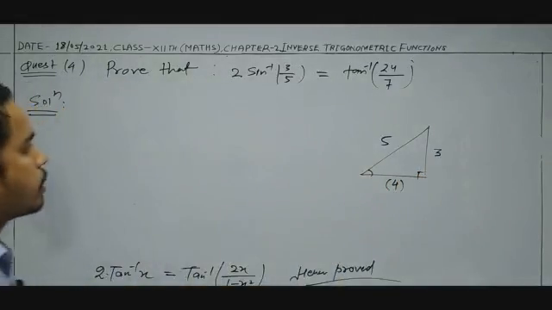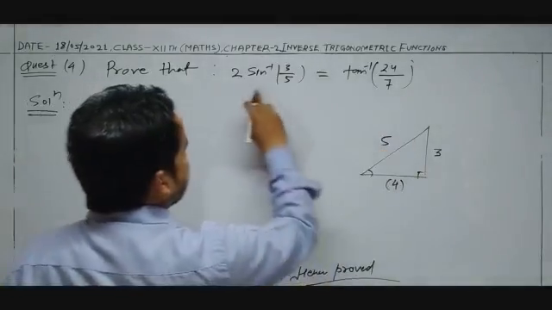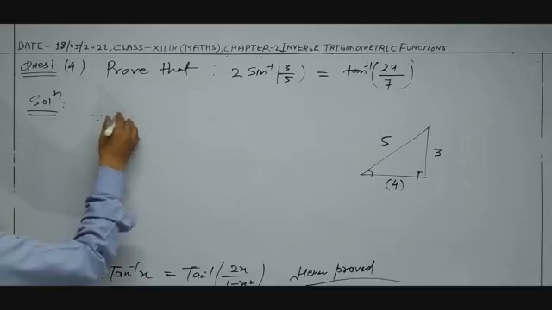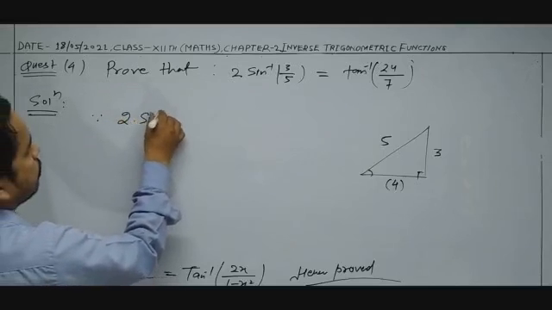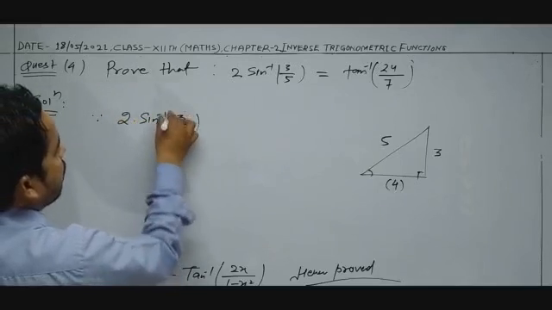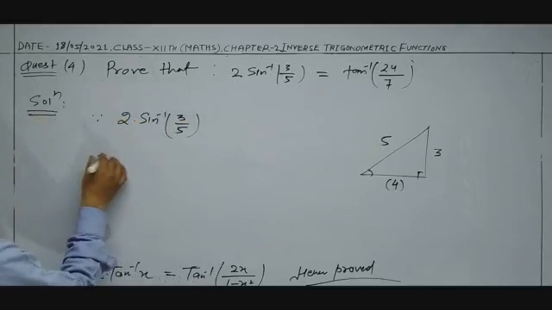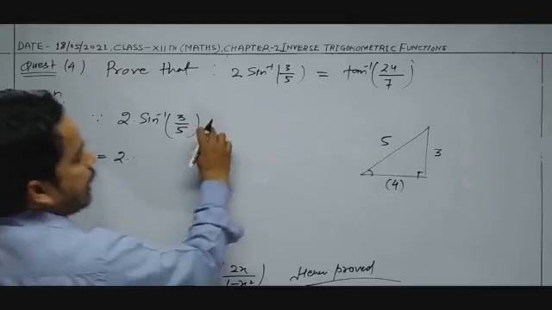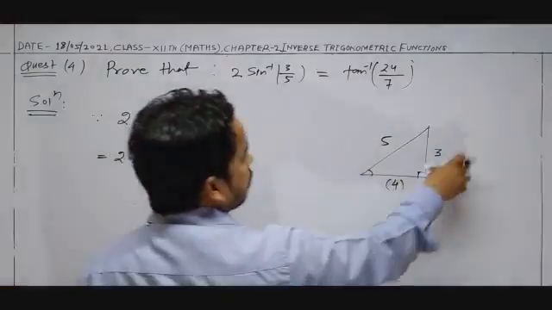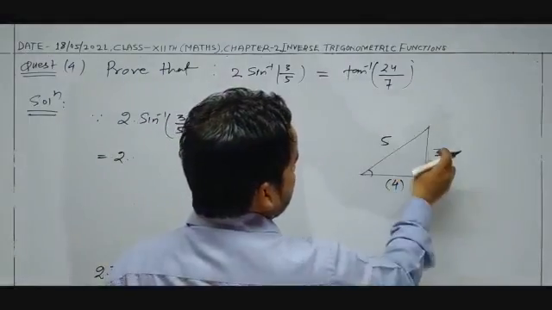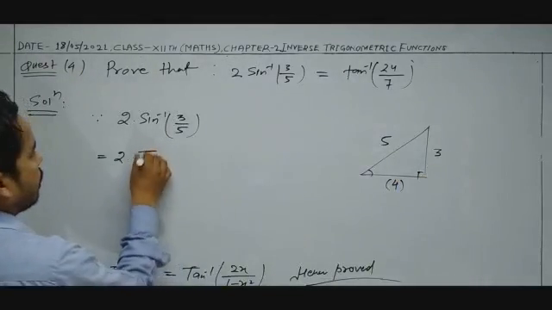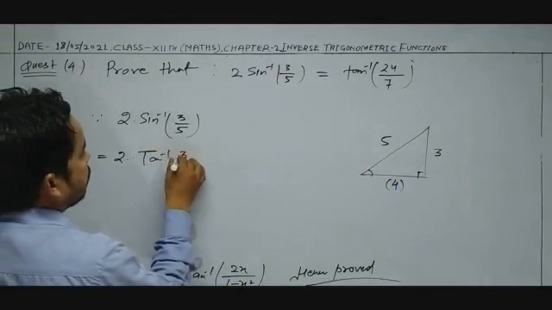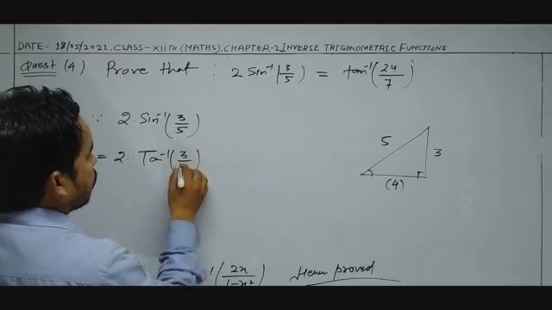So in terms of tan, 2 times sin inverse 3 by 5 can be written as 2 times tan inverse 3 by 4.